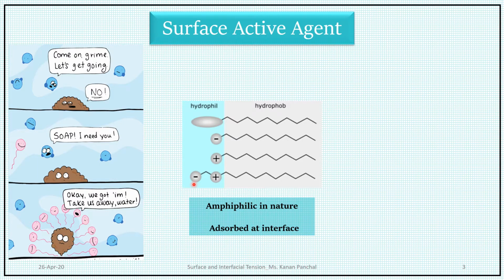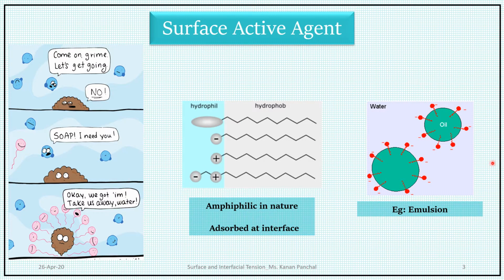Now pharmaceutically, surfactants are very important in many formulations and one of them is emulsions. Here you can see this is an oil and water type of emulsion. Now these surfactant molecules adsorb onto the surface of the oil and help in stabilization of these oil globules.